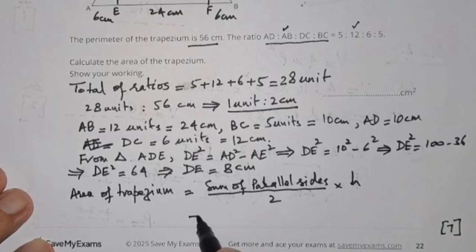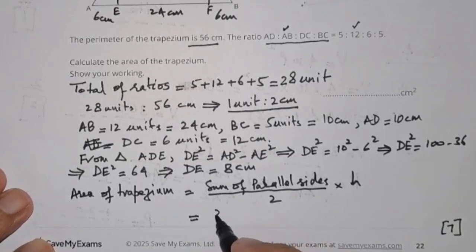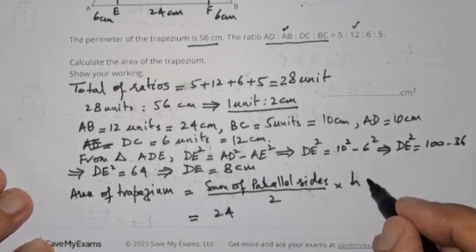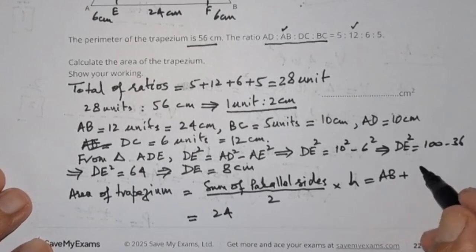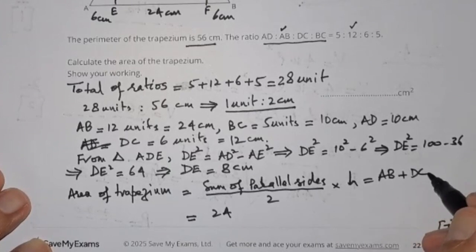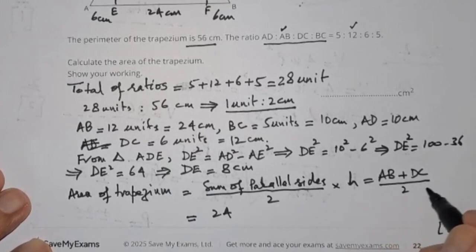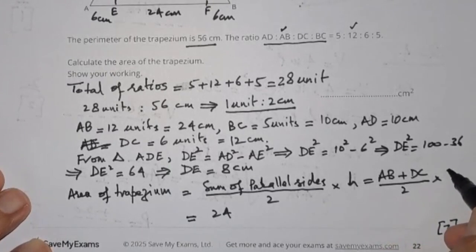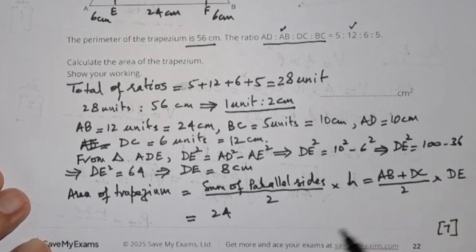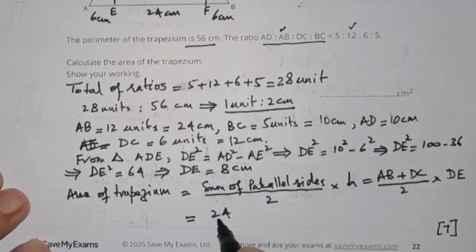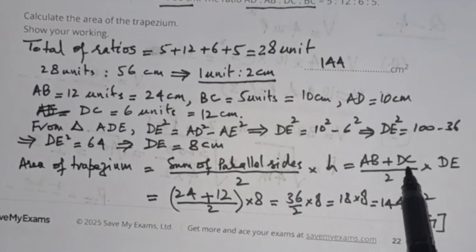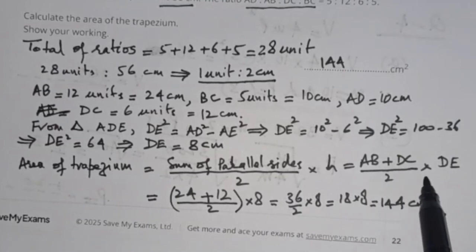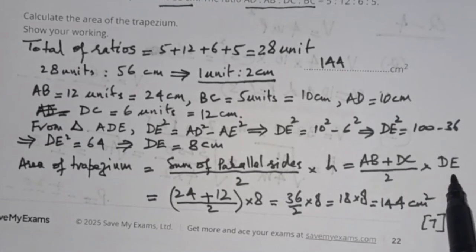Sum of parallel sides: one side is AB 24, so it is AB plus DC over 2 multiplied by DE. AB plus DC divided by 2 multiplied by DE.